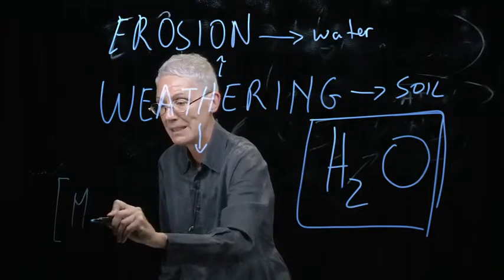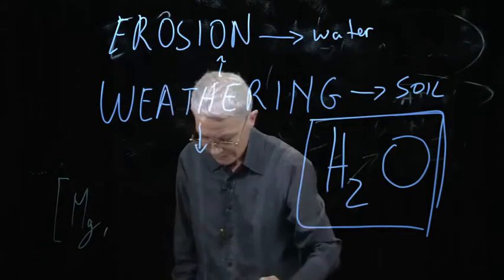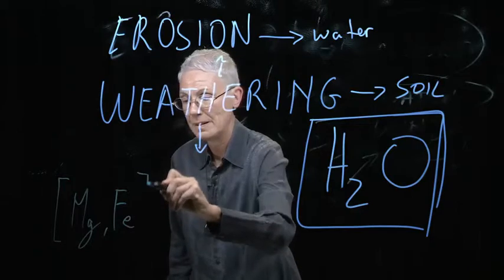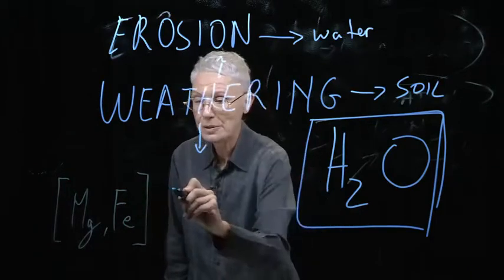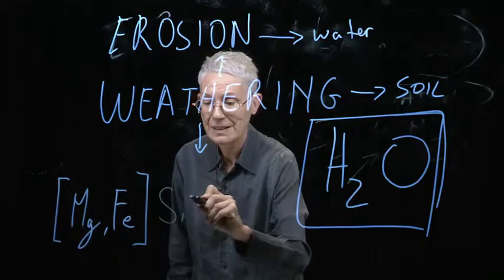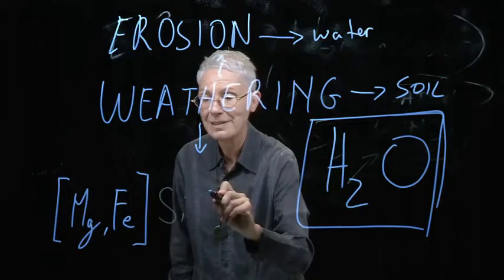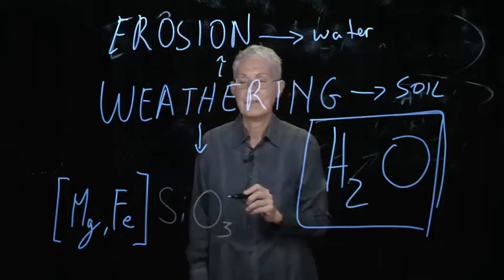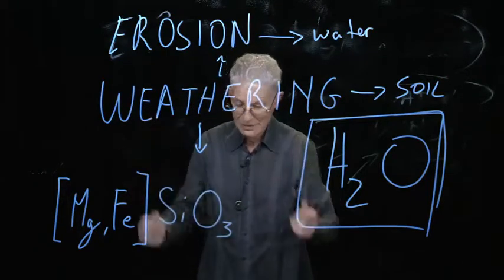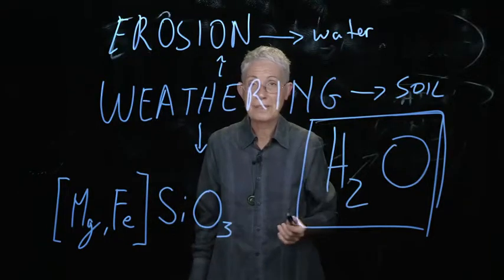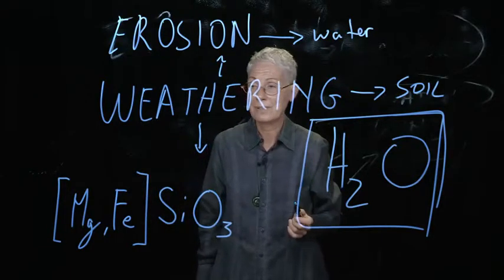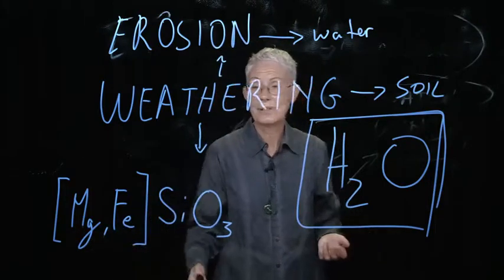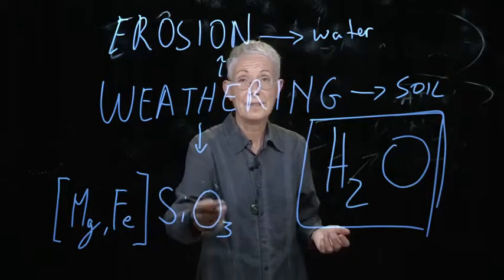You have magnesium, you have iron, and then you have silica, silicon, and oxygen. So if you can see this, the formula of this mineral, there's no water in it. Magnesium and iron, which you find off Mars, silicon, and oxygen.